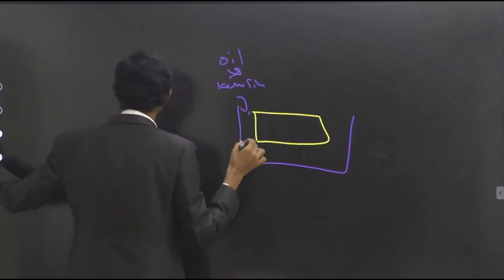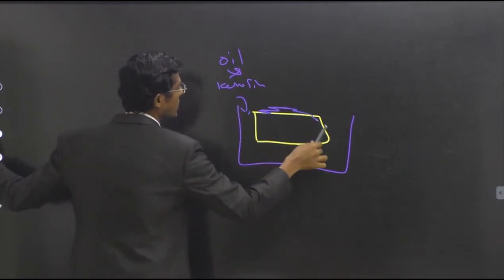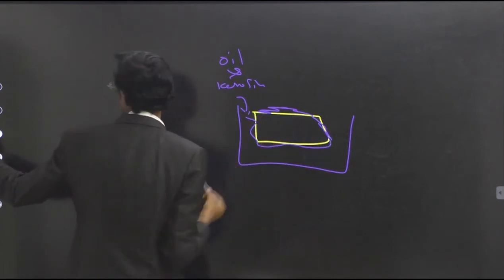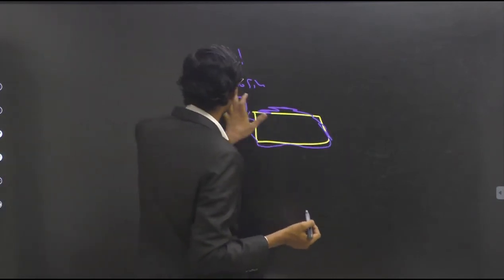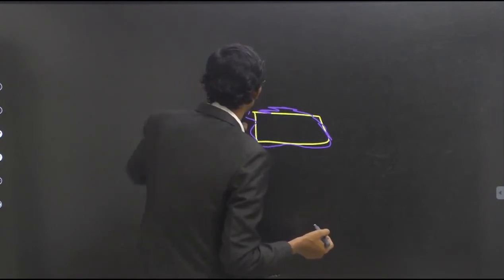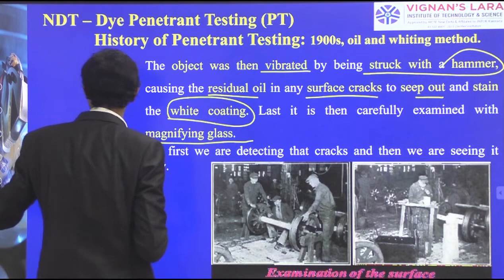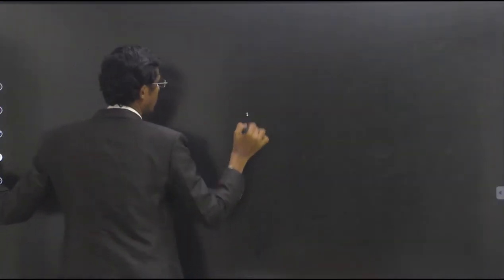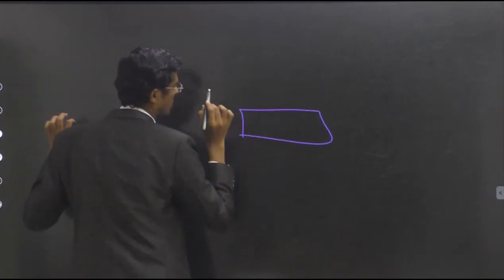They dipped the sample and coated it. The kerosene is everywhere it is filled. Now the sample is taken out, and some kerosene is still there.